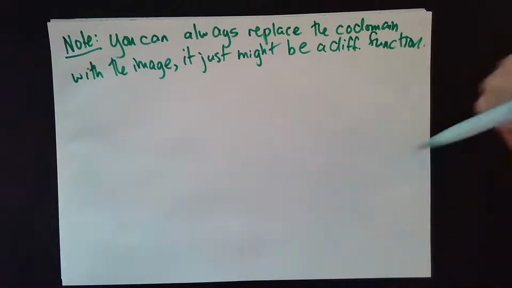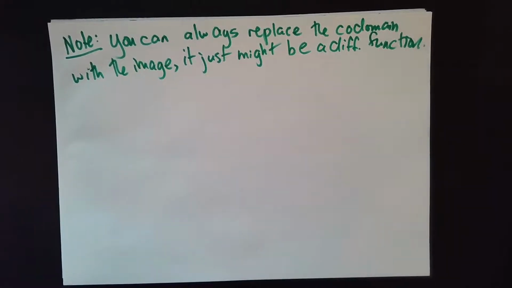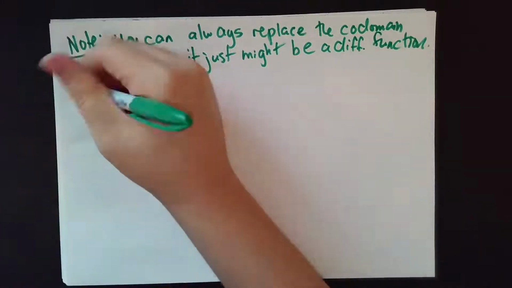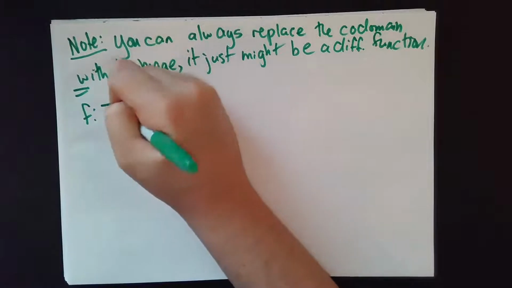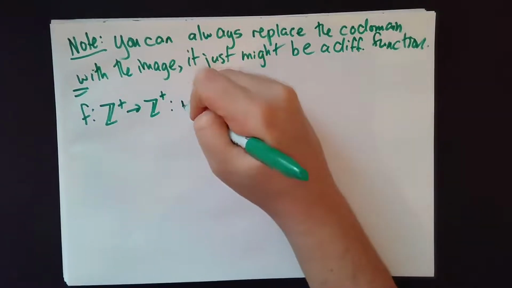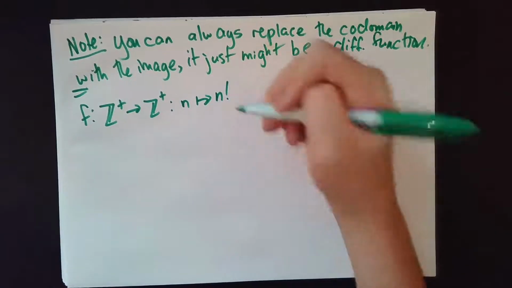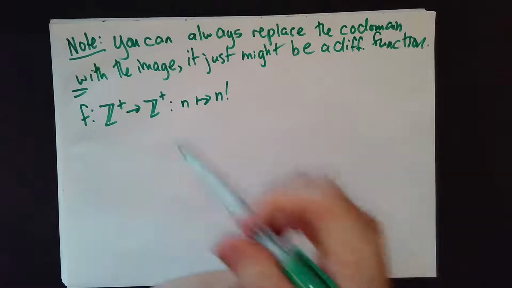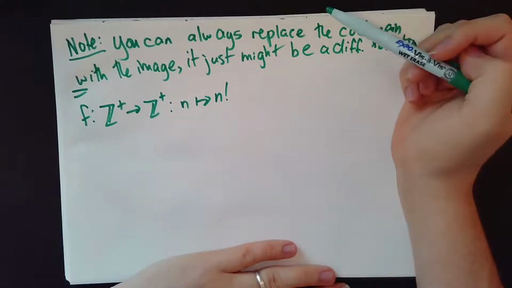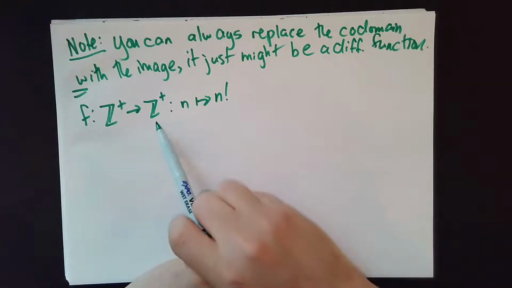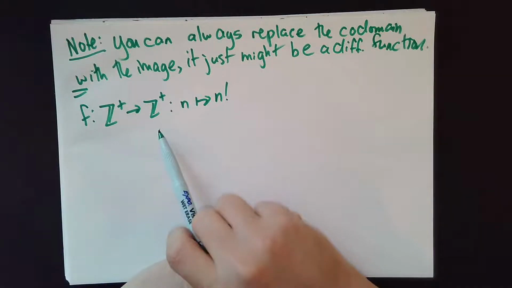Now, there's maybe a lurking question of why we even let the codomain be bigger than the image. I think an example where you see why that's the case is if I write down something like this, the image of this function is sort of annoying to describe. Because the image of this is just the numbers in Z plus that are factorials.